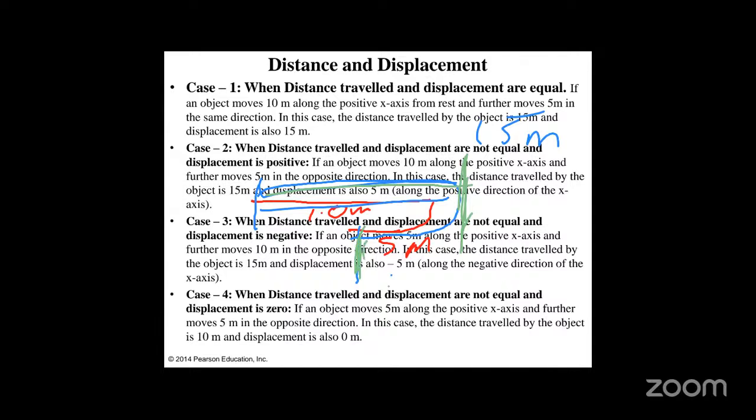So the final point F and initial I, F minus I will be 5 minus 0, which is equal to 5 meters. Because the final point here is 5. Here, the initial point is 0.